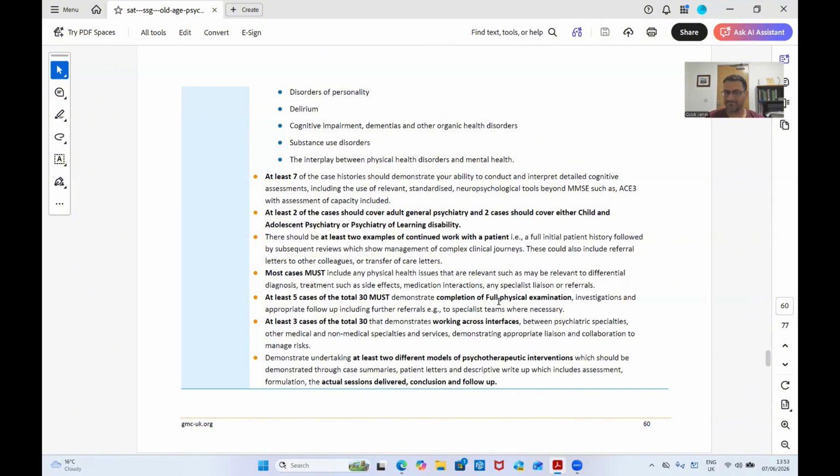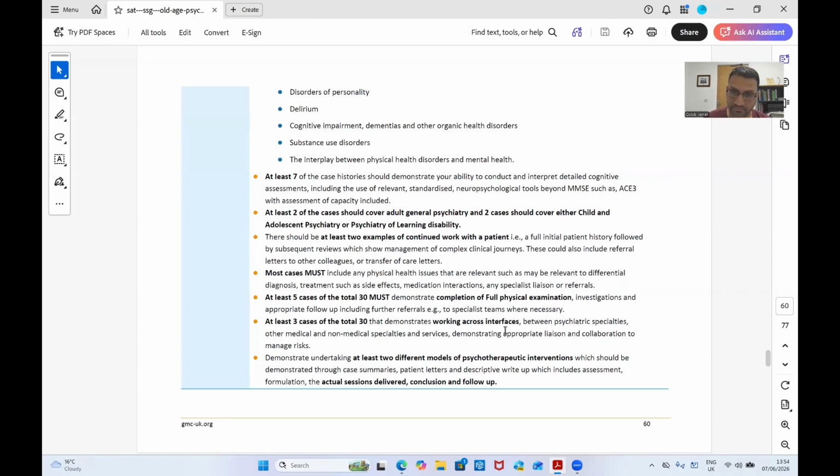So when you're reviewing a patient from the beginning till the end, and especially in old age psychiatry, you would have done some sort of physical health assessment. So make sure that you're doing this in the majority of your cases where you're doing a full assessment from the beginning till the end, and you're doing a full physical examination. More the merrier. And then at least 3 cases of working across interfaces.